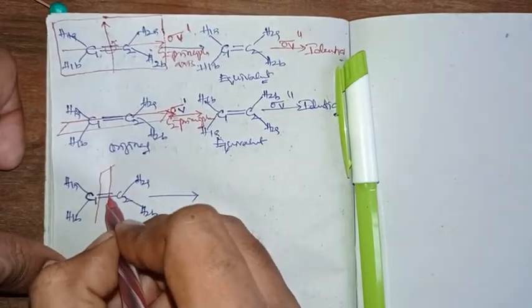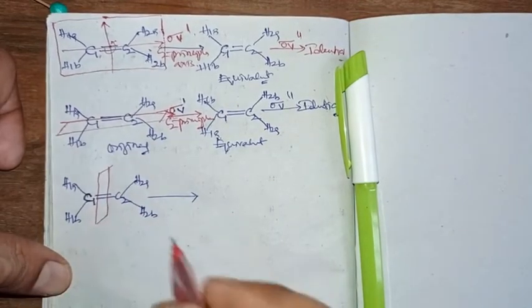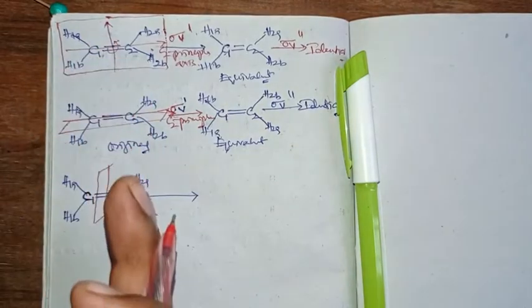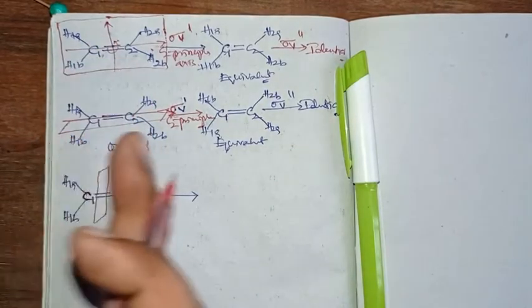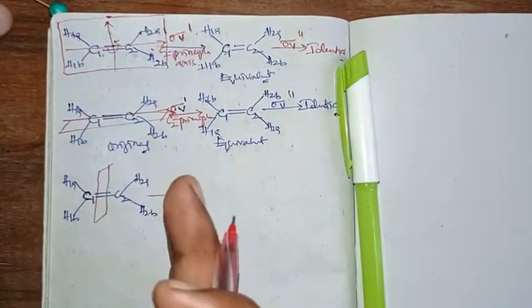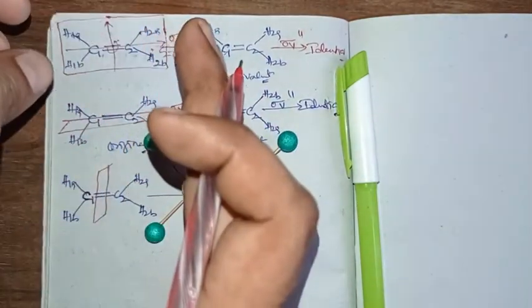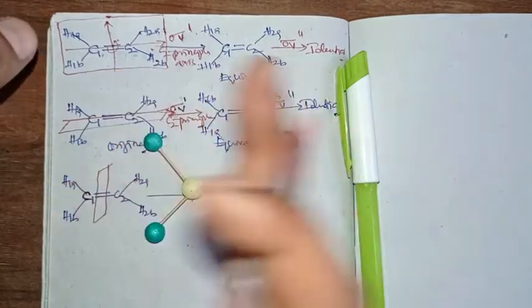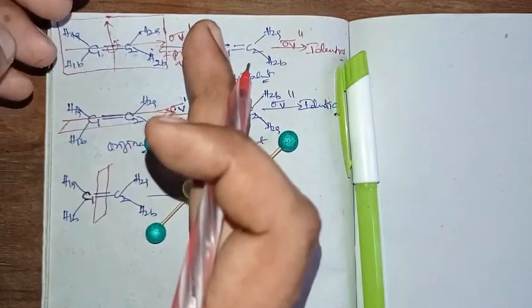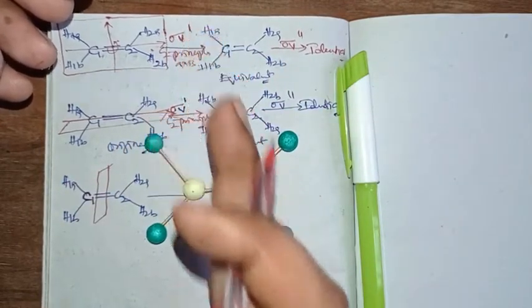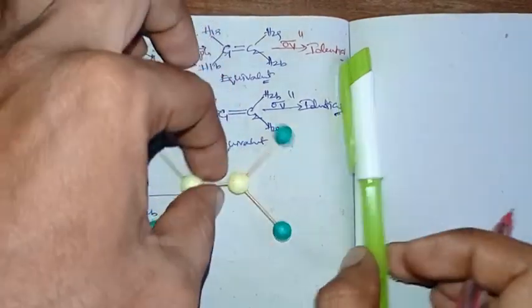It looks like there is another plane where we pass in between the carbon-carbon double bond. If we make a plane vertically to separate the two methylene groups, if we apply a plane like this vertically, then what happens?